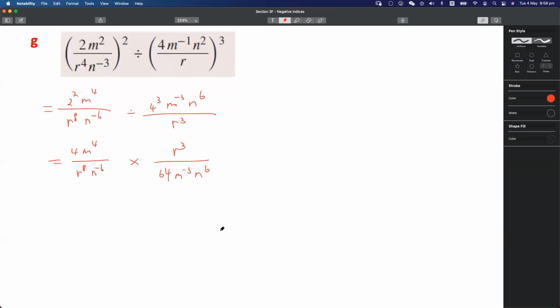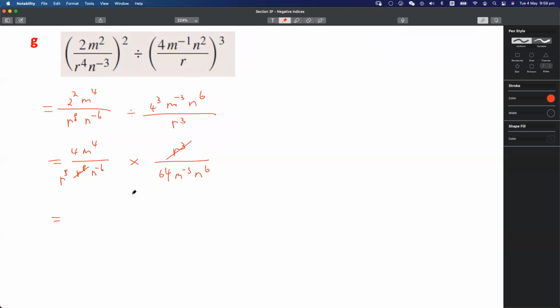All right, and now let's simplify. So r cubed here, and r to the power of 8. Let's cancel out. We have r to the power of 8 here, and this is just r to the power of 3, so it could be simplified as r to the power of 5.